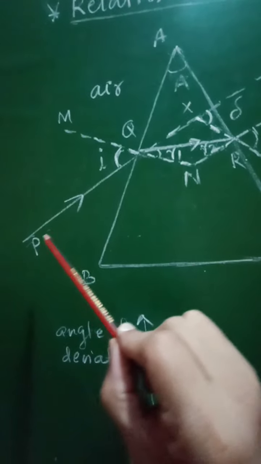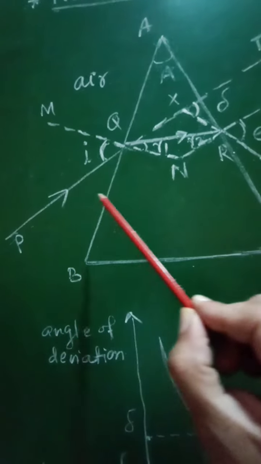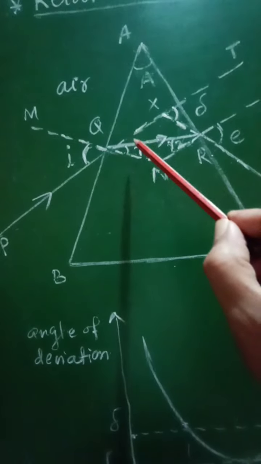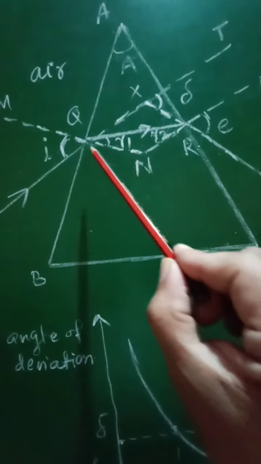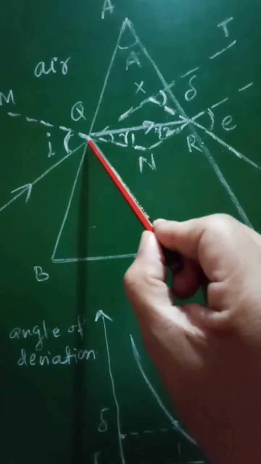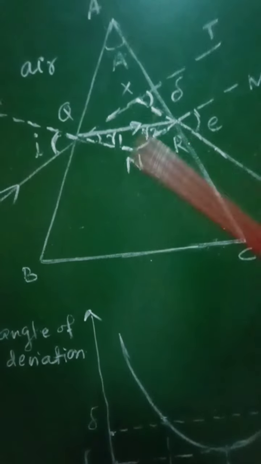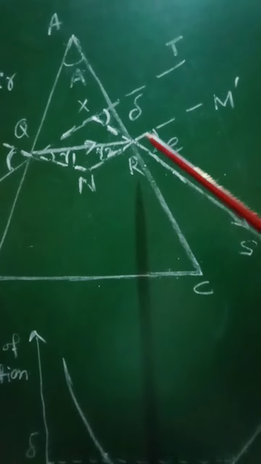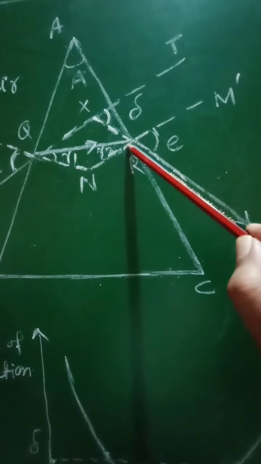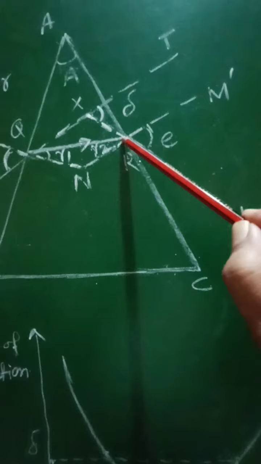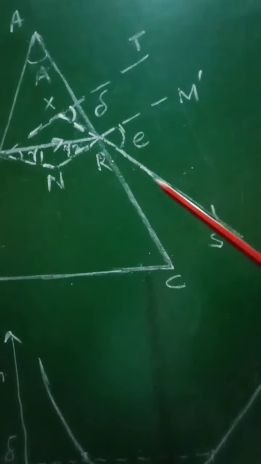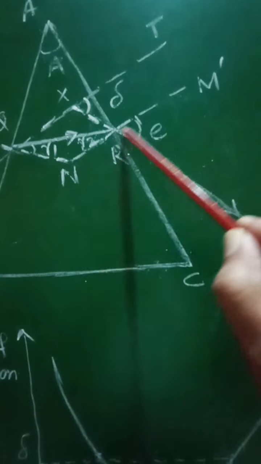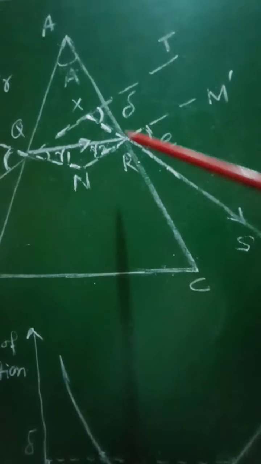Now this ray of light is first traveling through the rarer medium, then it will enter into the denser medium, therefore it will bend towards the normal, and this ray of light after refraction will travel along QR, that is QR is the refracted ray. When it reaches the second refracting surface AC at point R, it will emerge out of the prism, and M dash Rn is the normal to the second surface AC.